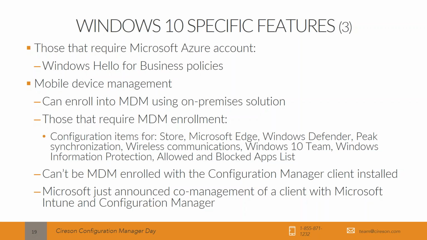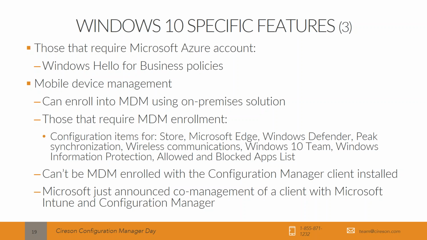However, Microsoft did just announce at Ignite recently something called co-management. That lets you have a device, a Windows 10 1709, so the Fall Creators Update, client that's managed through Microsoft Intune, and configure co-management so that that client can be managed through Intune as well as Configuration Manager.